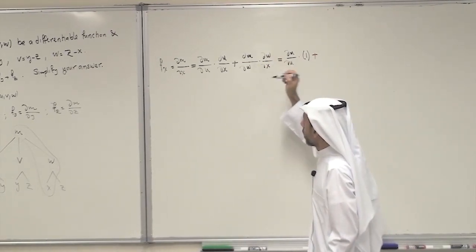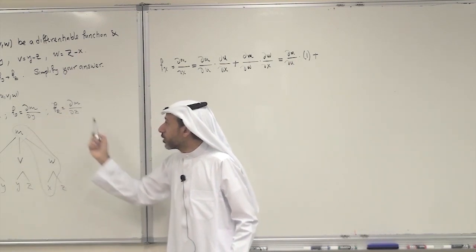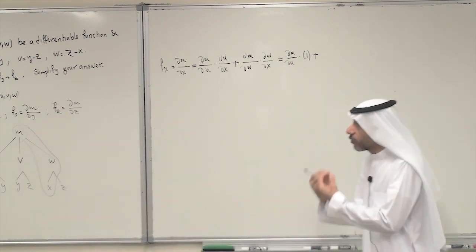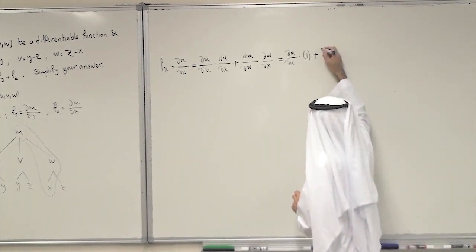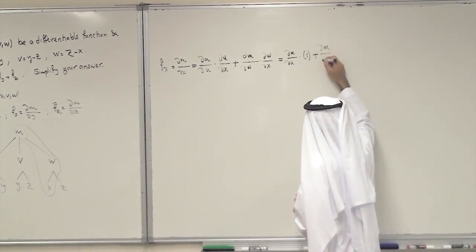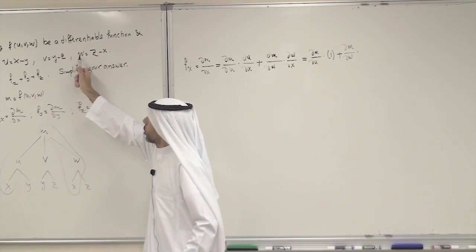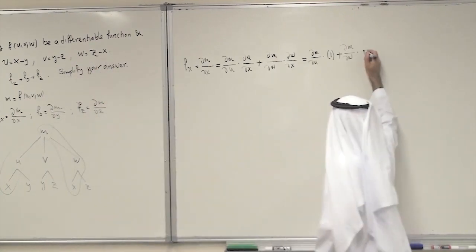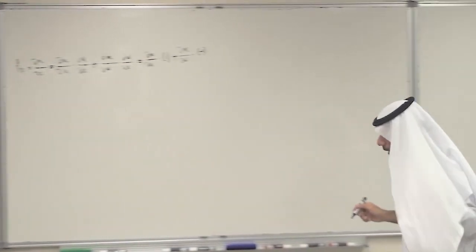Plus partial m, partial w. Same thing here. M is a function of three variables, u, v, w. But there is no expression for f, so we leave the partial derivative as it is. Partial m, partial w, times partial w, partial x. When you differentiate w with respect to x, you get minus 1.